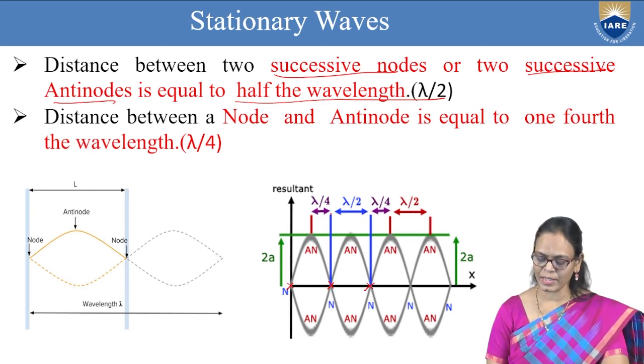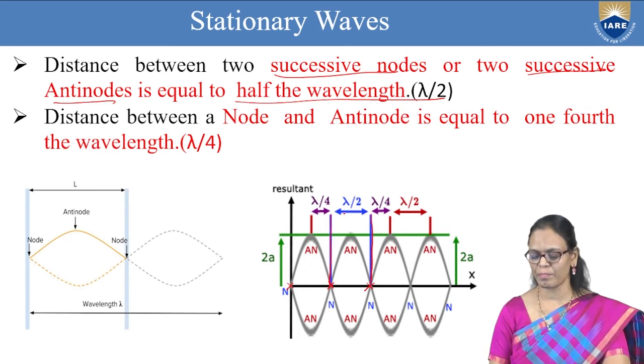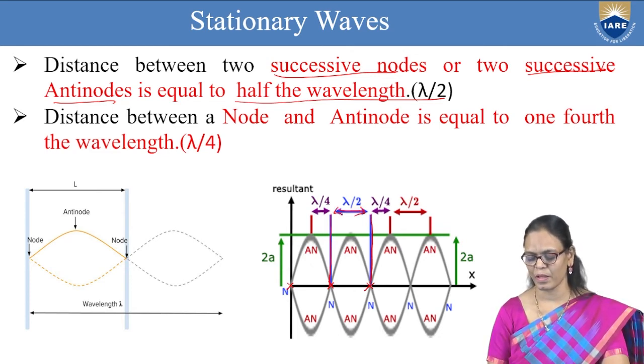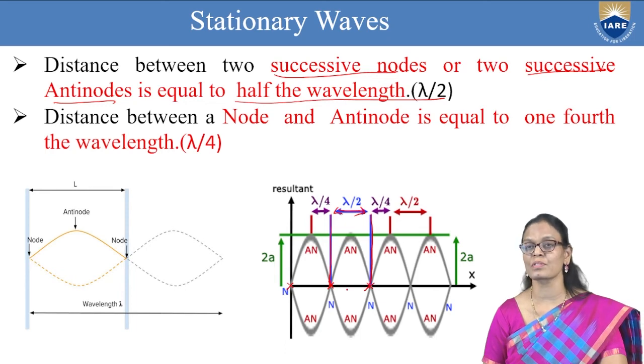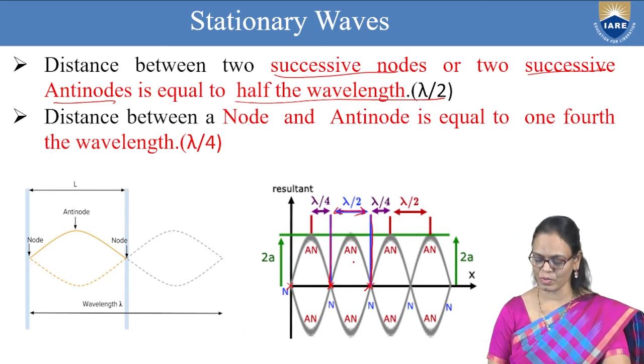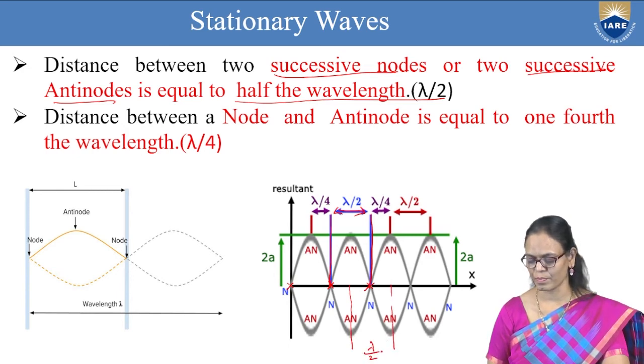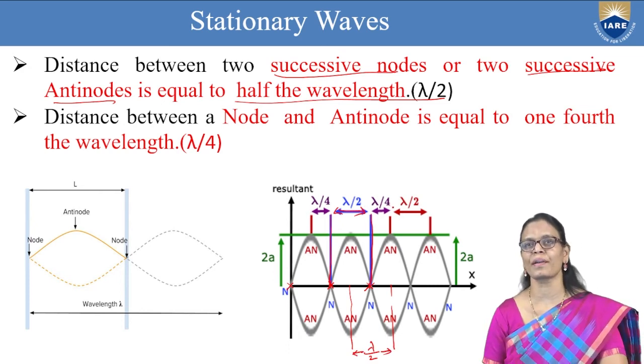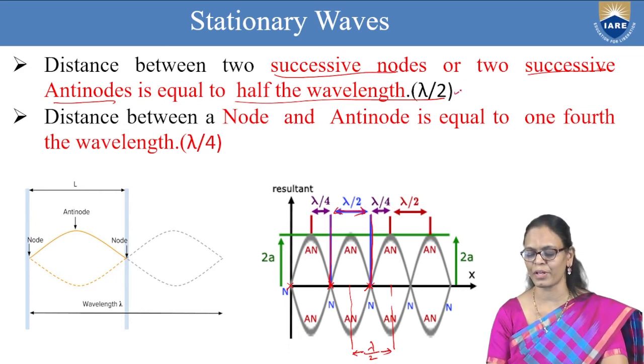We will consider the distance between these two nodes. It is given by lambda by 2. The distance between any two nodes. You can take antinodes also. I may take from here to here. This is also lambda by 2. So the distance between any two nodes or antinodes is equal to lambda by 2.